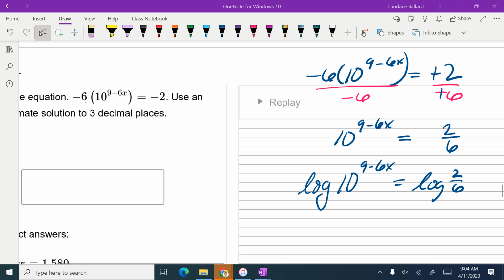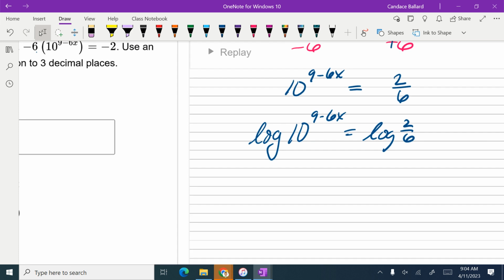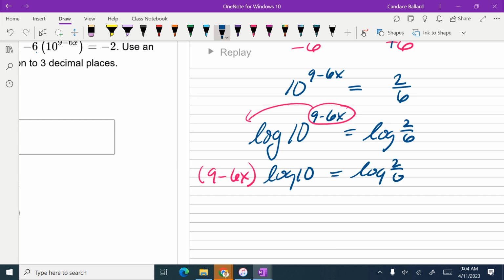So, okay. Now we are going to use our properties of exponents to solve. I'm going to take this guy, and where am I allowed to stick it? In the front. So I'm going to go parentheses 9 minus 6x log of 10 equals log of 2/6, or whatever your number is there.